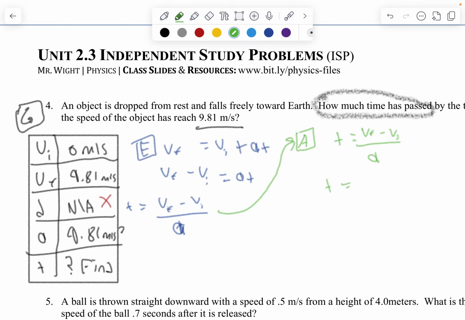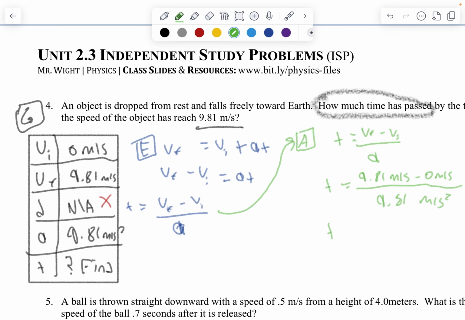So time equals, what's our final velocity? 9.81 meters per second, minus, well, initial velocity is 0 meters per second, but we'll still write it down. And then what's acceleration? 9.81 meters per second squared.